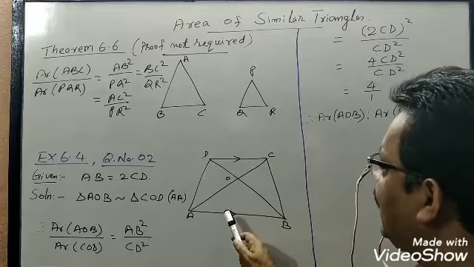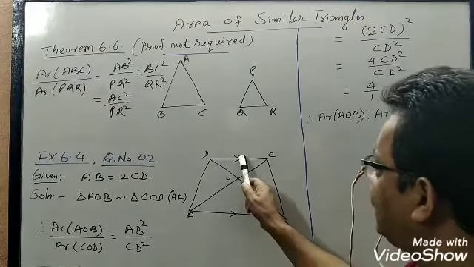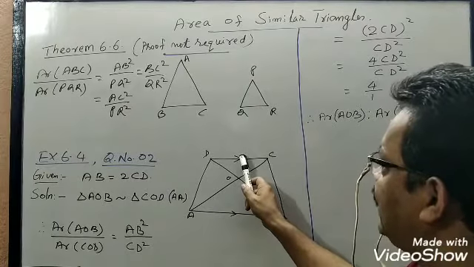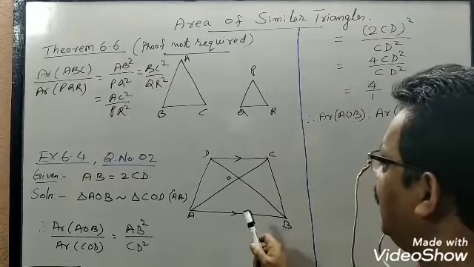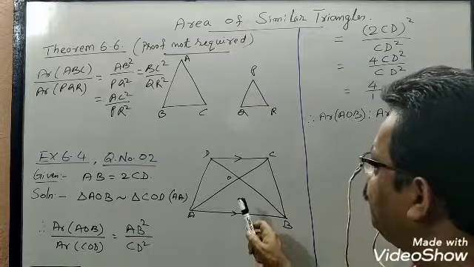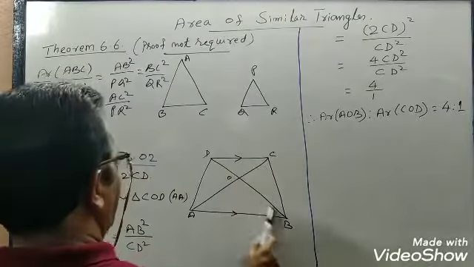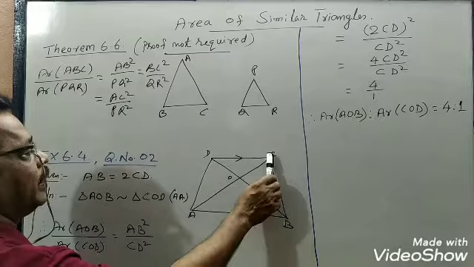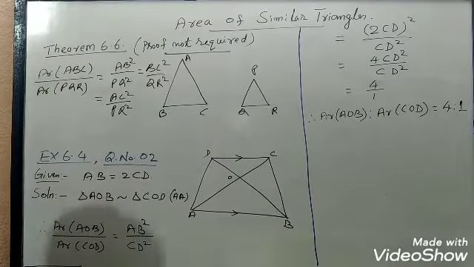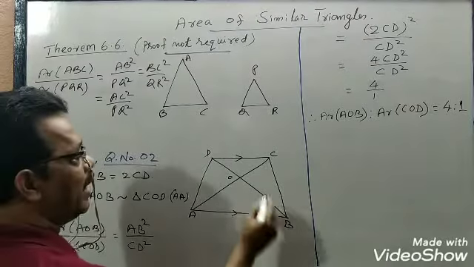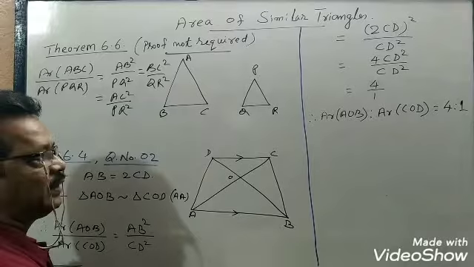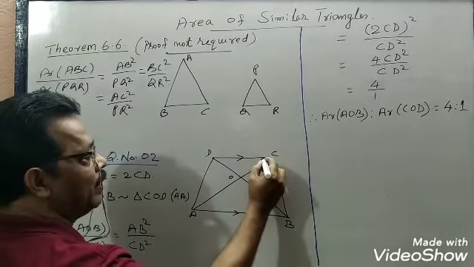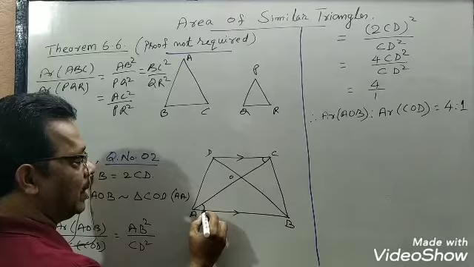What is given? AB is equal to twice CD and AB is parallel to DC because it is a trapezium. Now we have to find out the area of triangle AOB and COD. Now you know that triangle AOB and COD are similar, we can prove easily because AB is parallel to CD, then this angle will be equal to this angle.